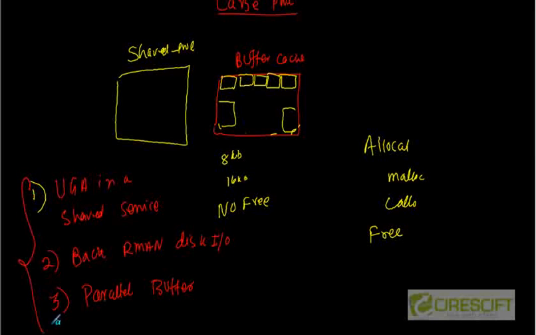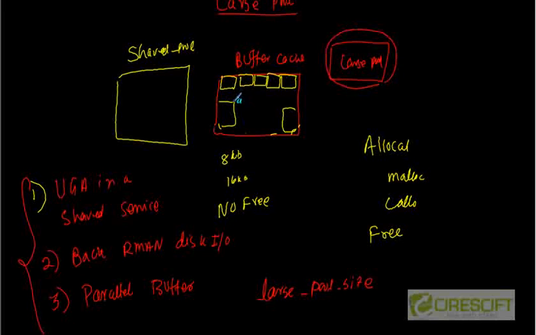In these three conditions, we use the large pool, and large_pool_size is the parameter that determines how big your large pool is. Just to clarify one thing: large pool does not mean its size is bigger than the buffer cache. In most cases, the buffer cache is much bigger than the large pool.